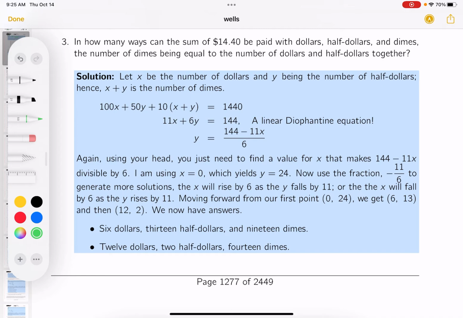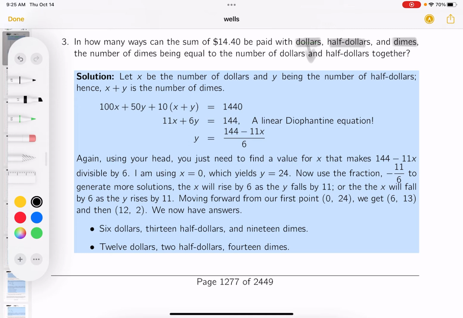But the question is, in how many ways can the sum of 1440 be paid with dollars, half dollars, and dimes? I'm going to write everything down as an integer. And an integer for $1 would be 100.